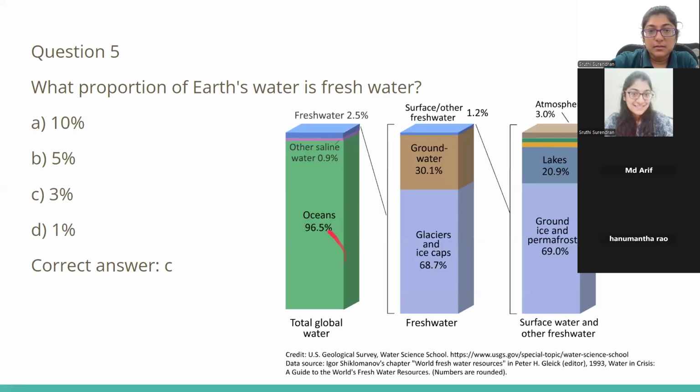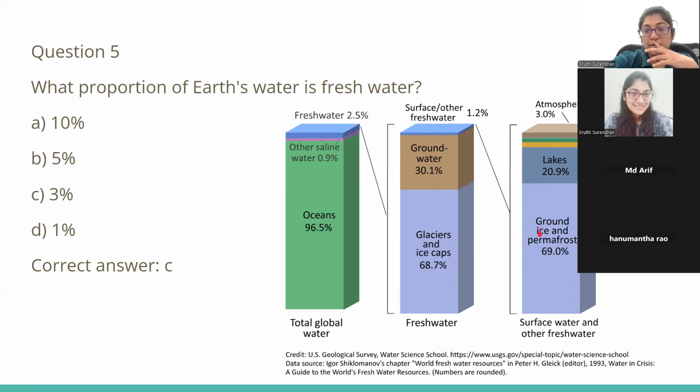So we see that 96 or 97 percentage is covered with salt water, and around 3 percentage is covered with fresh water. In fresh water itself, glaciers and ice caps are covering around 68.7 percentage, 30 percentage is groundwater, and it is only around 1.2 percentage that is rivers, lakes, ponds, and all.